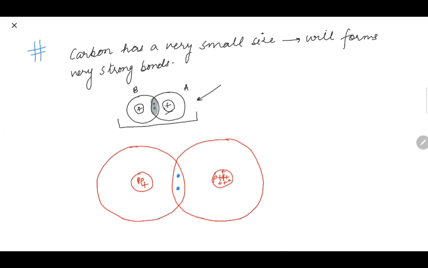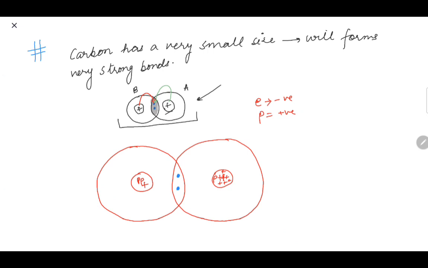So I hope you're understanding that this nucleus is sending attraction to this electron because the electrons are negative and the protons are positive. And the A atom's nucleus is also sending its attraction to the electrons here in the center.